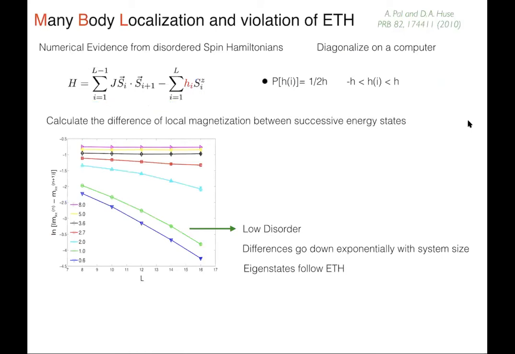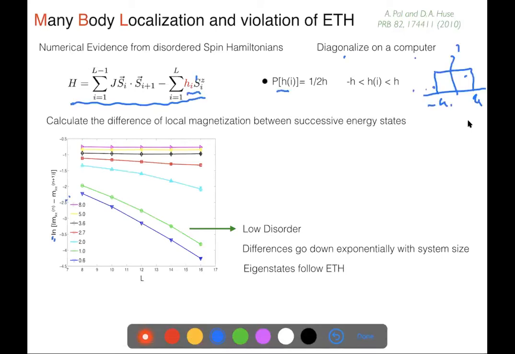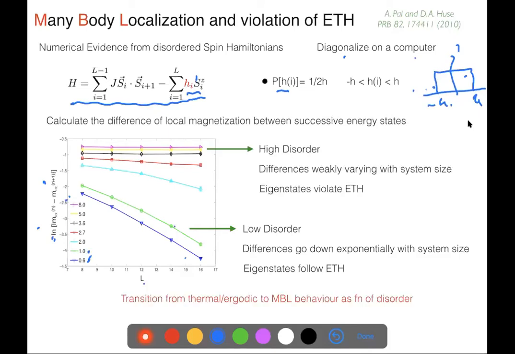And at low disorder, and this is done for different system sizes, what you saw is an exponential decay of this difference between successive eigenstates, which means the eigenstates did follow ETH as far as this particular observable was concerned. You can see the disorder strengths here; J is set to 1, I guess, and h is about 0.6, 1.0, etc. Whereas if you go to high disorder, you see that the differences vary weakly with system size.